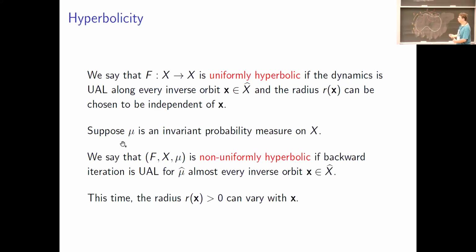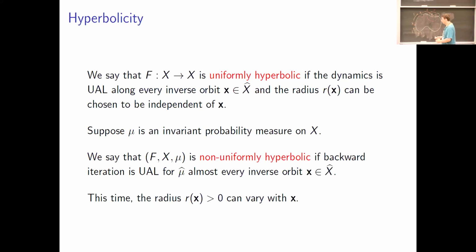In this case, we can weaken this definition and say that F is non-uniformly hyperbolic if backward iteration is UAL for almost every orbit. And this time, the radius can vary with x. So this widens the class of hyperbolic dynamical systems considerably.